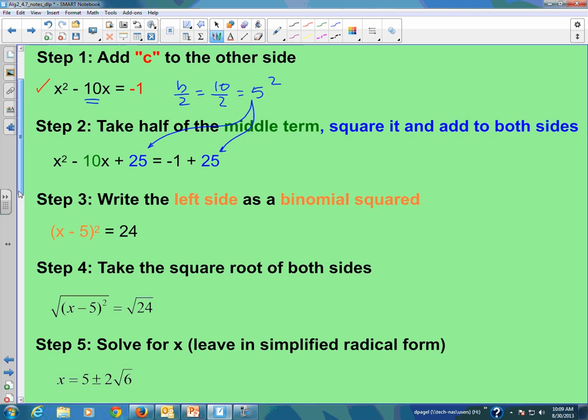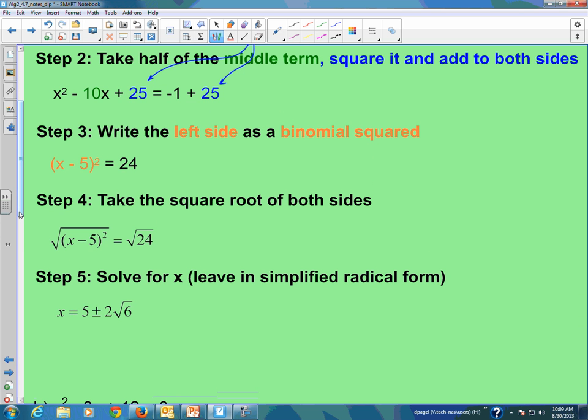Step number 3 would then be to write the left side as a binomial squared. And we use our little trick. Half of negative 10 would be negative 5. And that's what's showing up in the parentheses right here in the binomial. Square it. And then negative 1 plus 25 on the right-hand side became a 24.